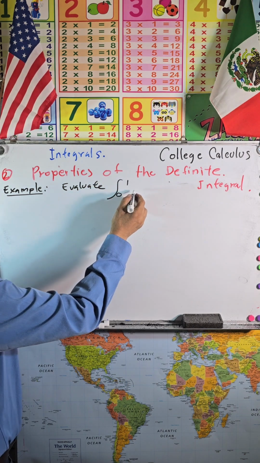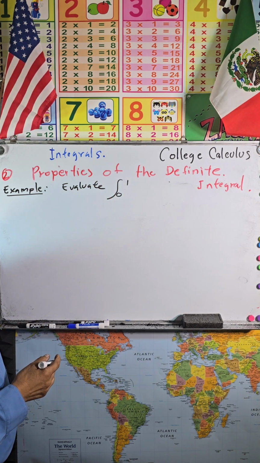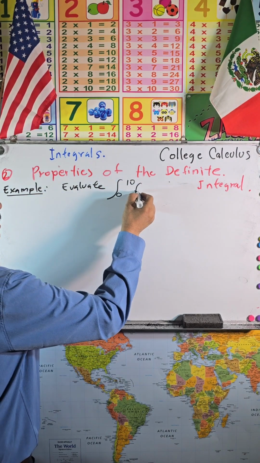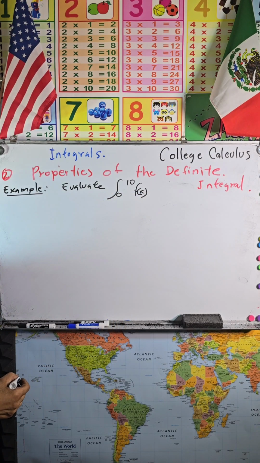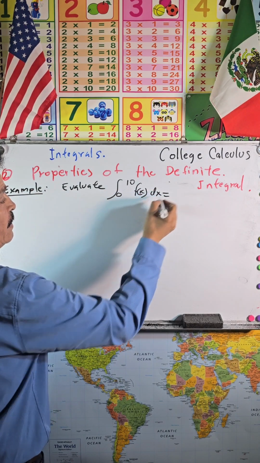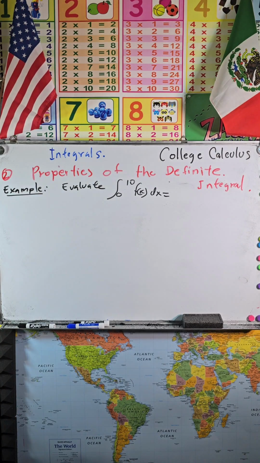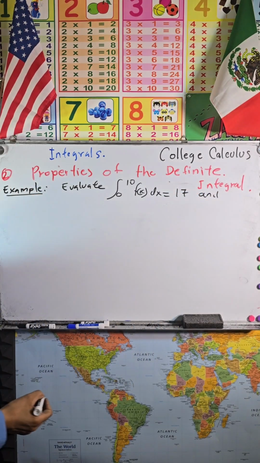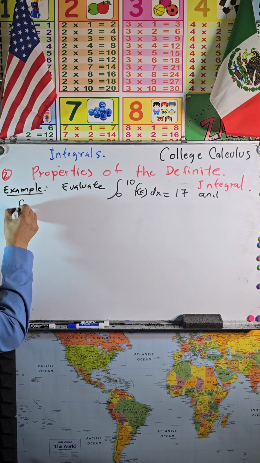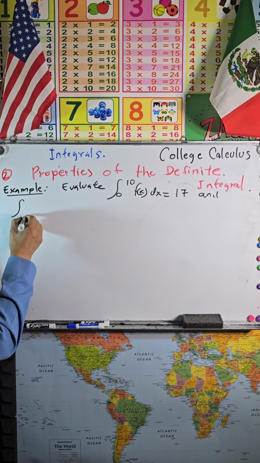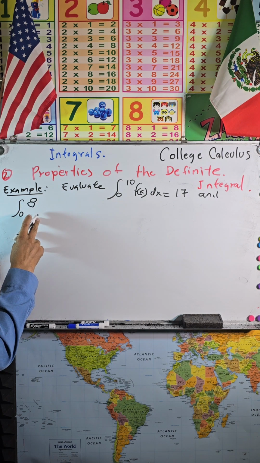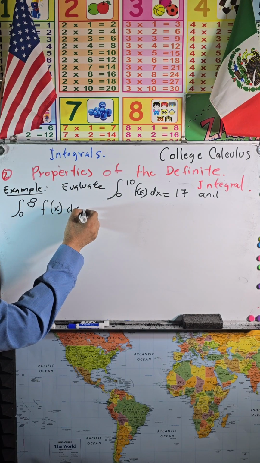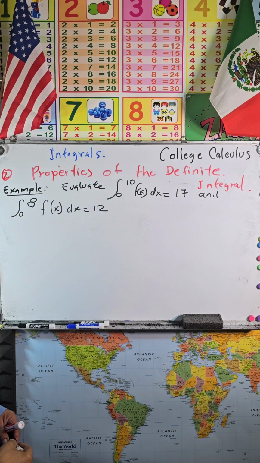Evaluate the integral from 0 to 10 of f of x differential of x equals 17, and also the integral from 0 to 8 of f of x differential x equals 12. All right, that's our problem.